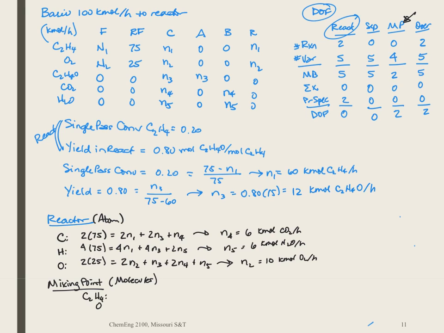C2H4 and for O2. For C2H4, I have capital N1 plus little n1 equals 75. For O2, I have capital N2 plus little n2 equals 25. And based on this, I can find capital N1 is 15.